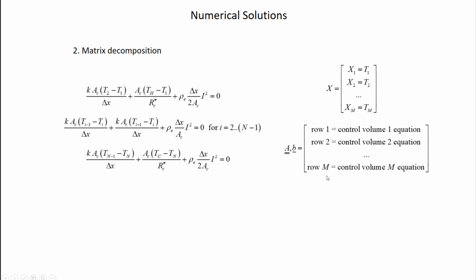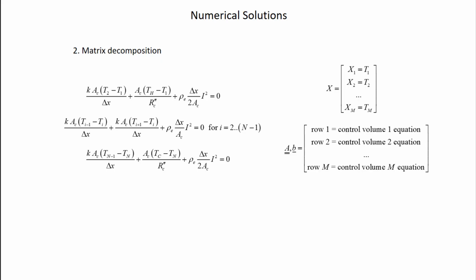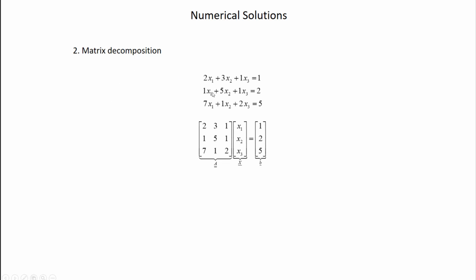And once I've got that straight in my mind, now it's really just a matter of going back to the system of equations and writing them out so that they look like this system of equations, right?